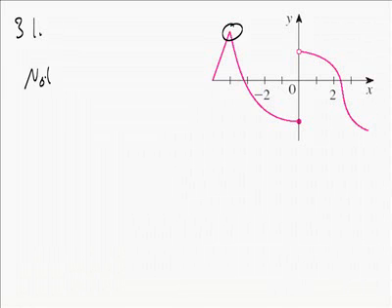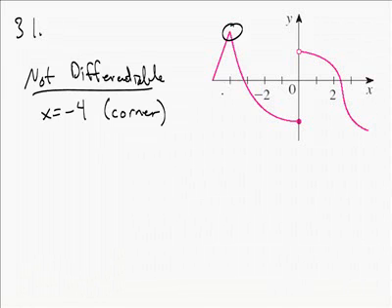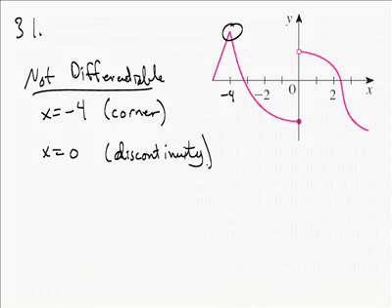So it's not differentiable at x equals -4 because of that corner, or that cusp, that very sharp turn. It's also not differentiable at x equals 0, because there's a discontinuity there. Remember, in order for a function to be differentiable, it has to at least be continuous first of all. If it's not continuous, it's not going to be differentiable.